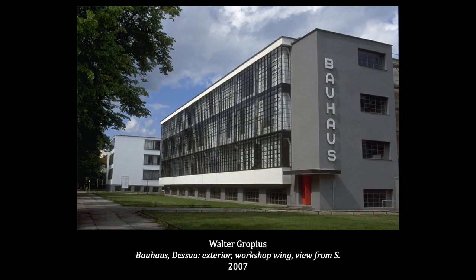And one of the other things going on is the Bauhaus, although this photograph is from 2007. The Bauhaus was originally an art school in Germany back during the 1910s and 1920s. Of course, it got shut down in the 30s with the rise of the Nazi Party and Hitler. Hitler was not a fan of the Bauhaus. It was degenerate art, as he put it.